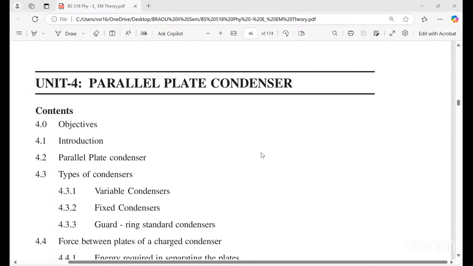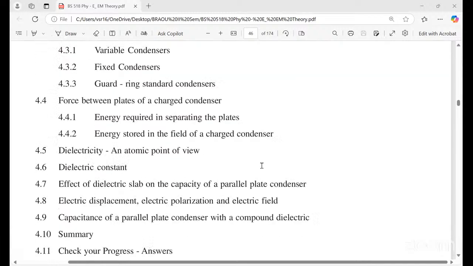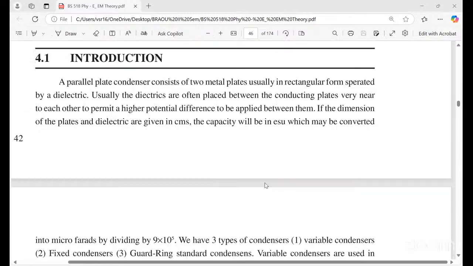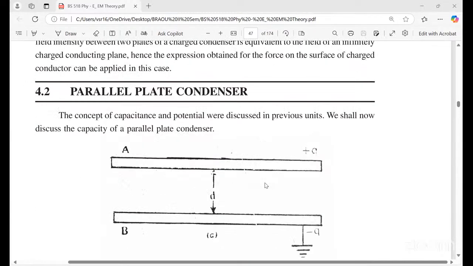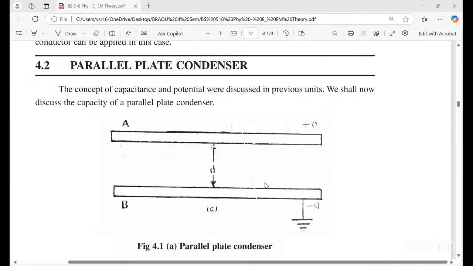Next is the parallel plate condenser. The concept of capacitance and potential was discussed in the previous unit, C equals Q by V. One plate has a positive charge, the other plate has a negative charge. These two plates are separated by a distance small d.